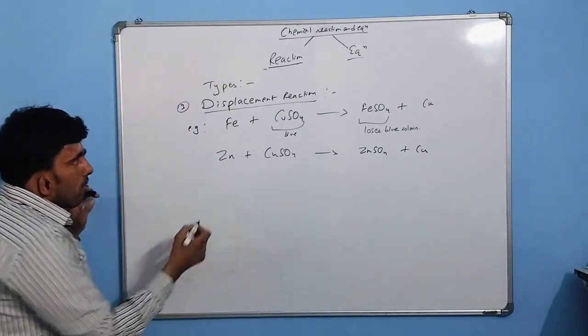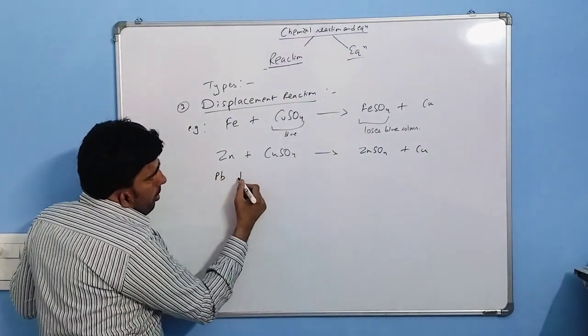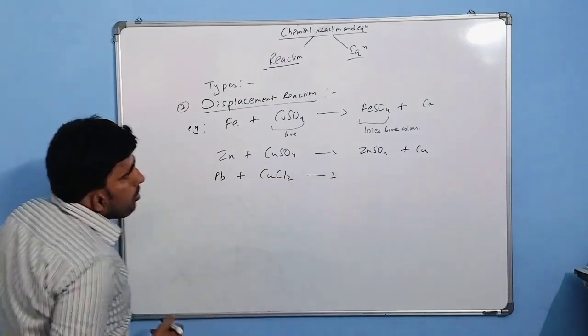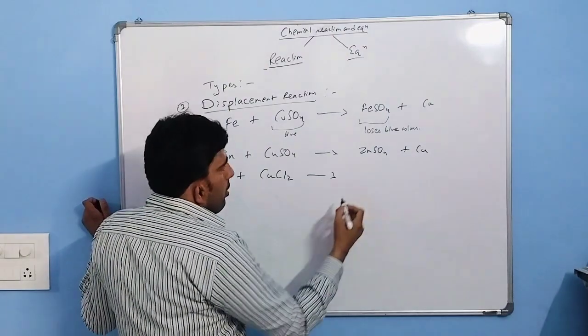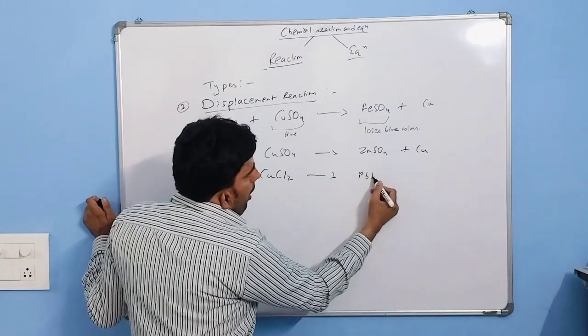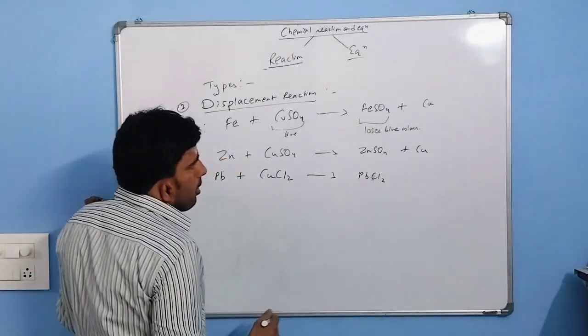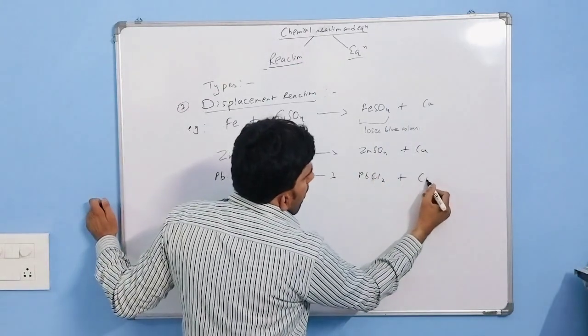You can see also, for example, lead. If I take it with cuprous chloride, what will happen? You will see I am able to make a reaction with this, and copper is left behind.